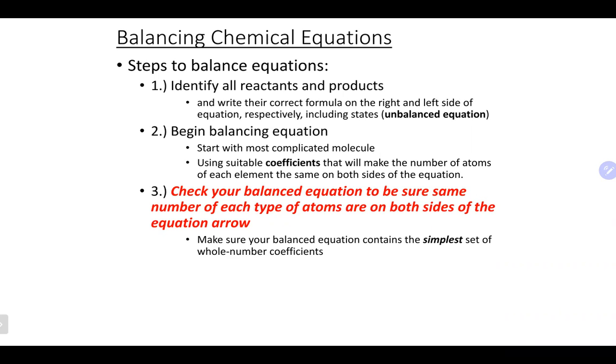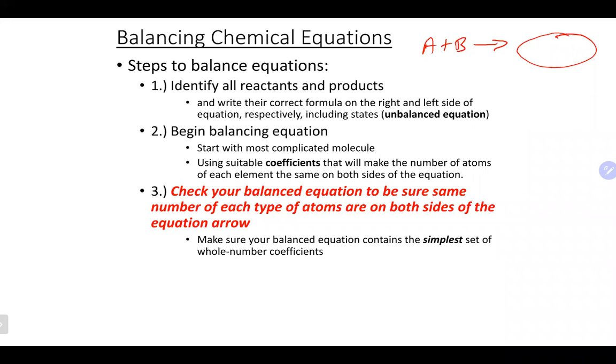It's very common in a process where maybe you're given the front part of the equation and you need to come up with what's on the other side and then balance the equation. People will write the wrong equations because they're trying to balance it as they are doing it. The proper order is to make sure you get the right formulas down first, then go back and balance. So just keep that in mind as you go through it.